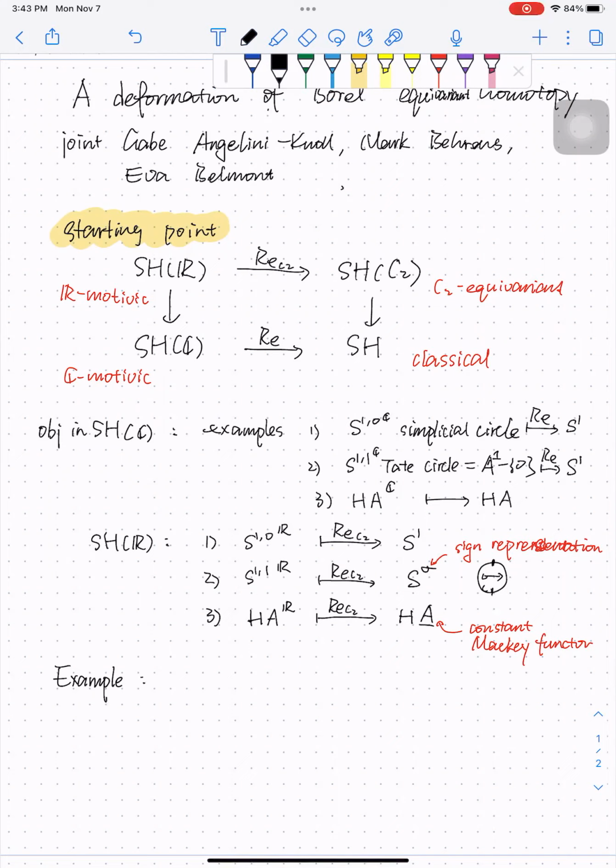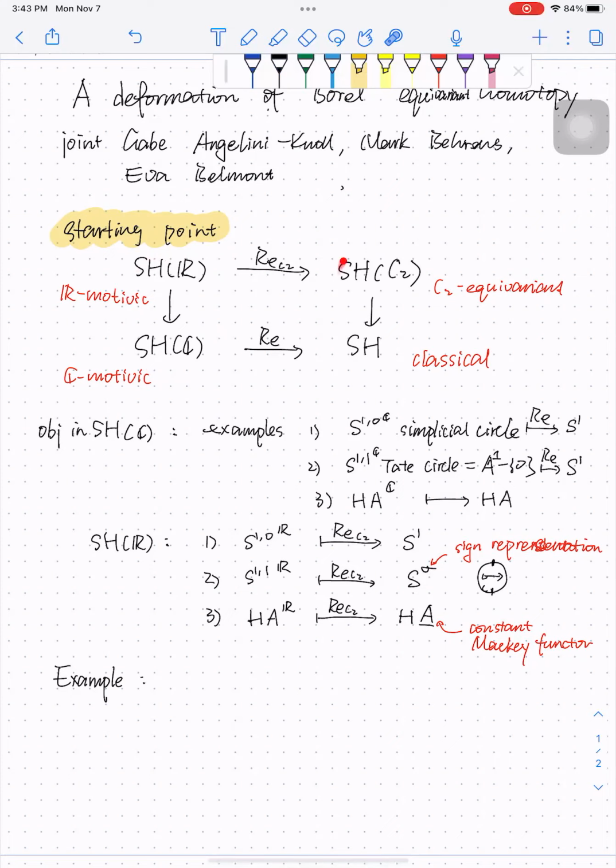In the R-motivic or C-motivic case, we can calculate the bigraded homotopy groups because we have two circles, and these circles are bigraded, and the whole category is a symmetric monoidal category, so that we can smash these circles of different gradings together to get bigraded spheres in this category. And mapping out of these spheres gives us bigraded homotopy groups in the motivic categories.